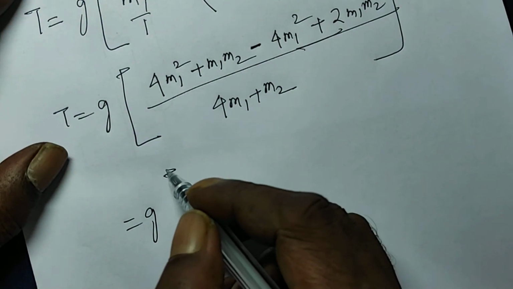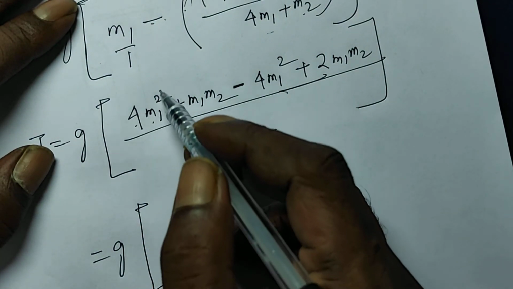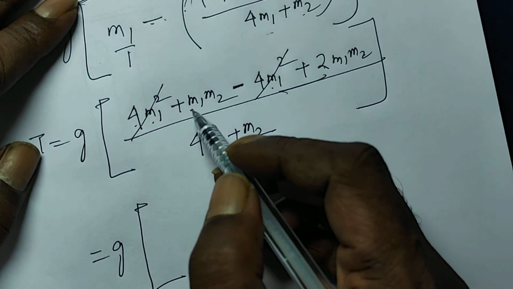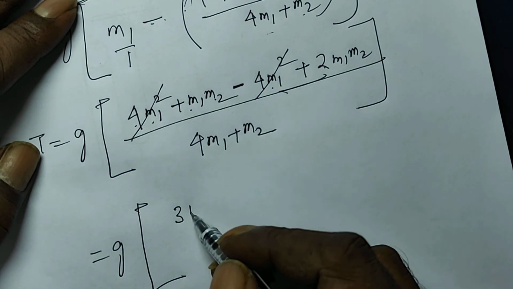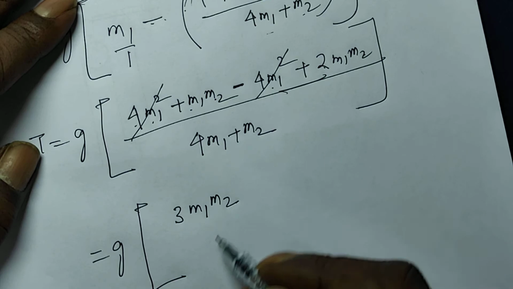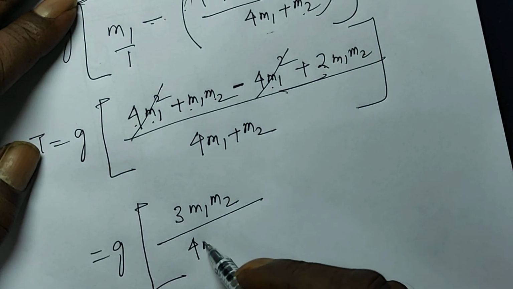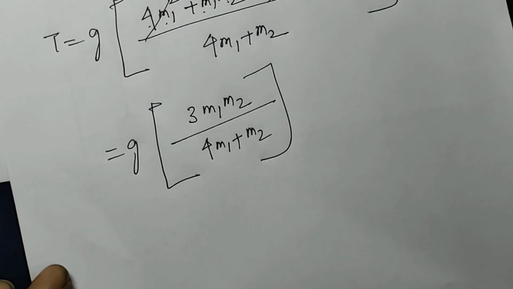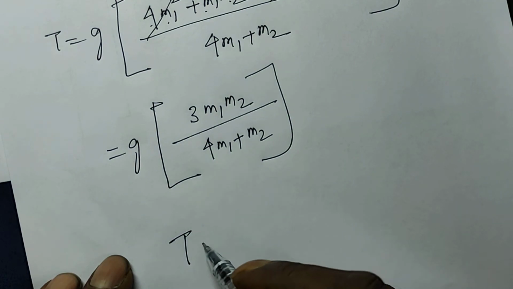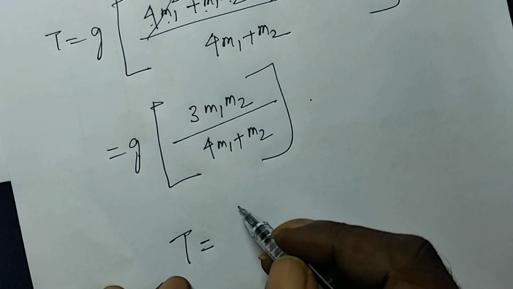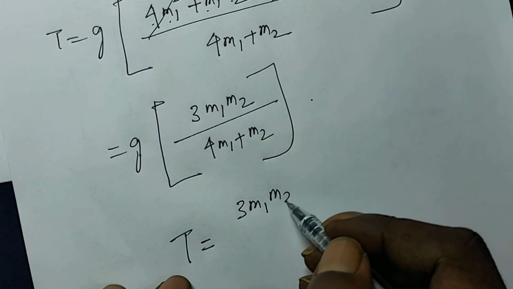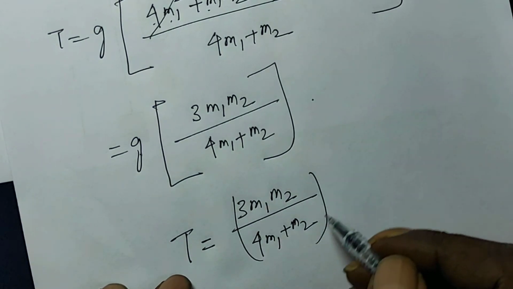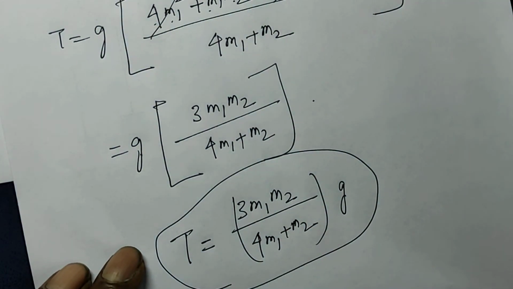So that is equal to g times, plus 4m1 square minus 4m1 square cancels, 2m1m2 plus m1m2. So that is equal to 3 times m1m2 over (4m1 plus m2). So your T is equal to 3m1m2 over (4m1 plus m2) times g, is your tension, right?